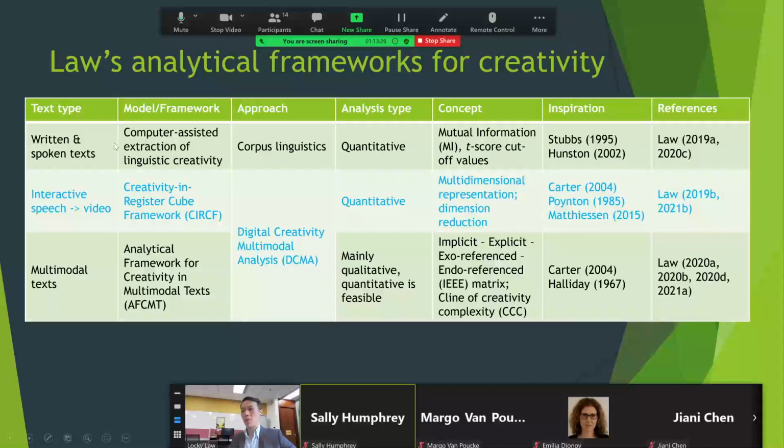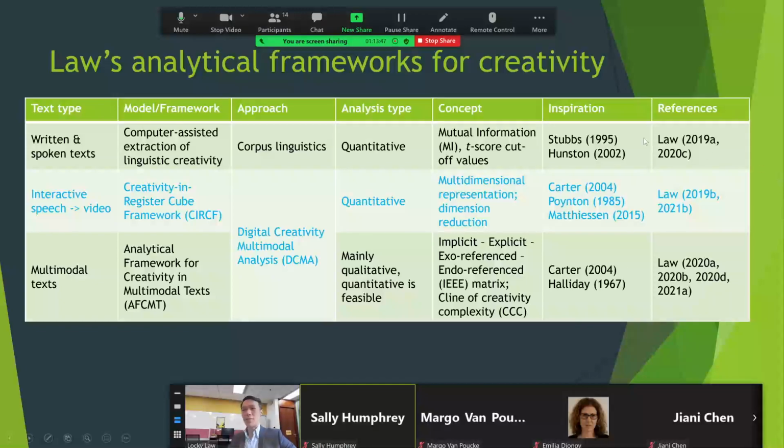From the words, I continued with that work, and then I needed some multimodal frameworks. So I created the Creativity Register Cube framework. After that, I also needed something for qualitative analysis, so I invented an analytical framework for creativity in multimodal text.